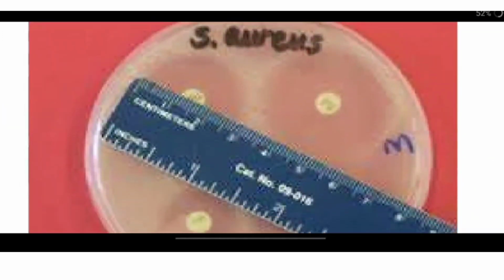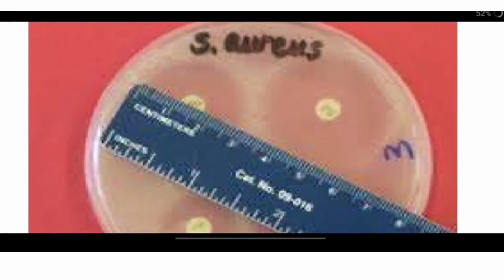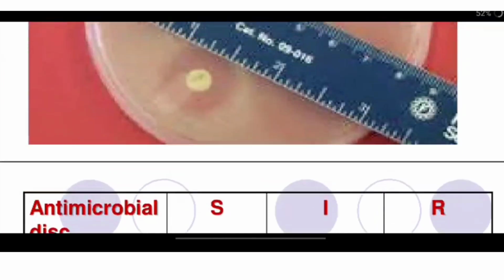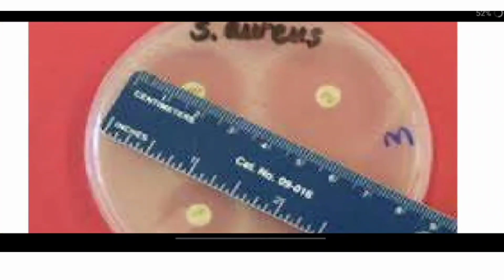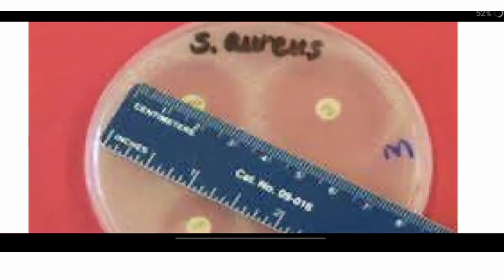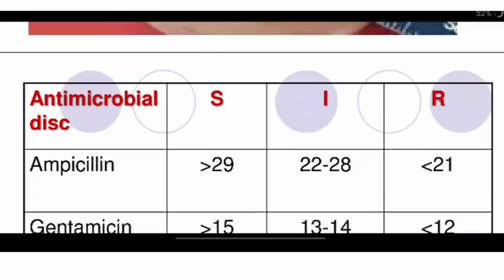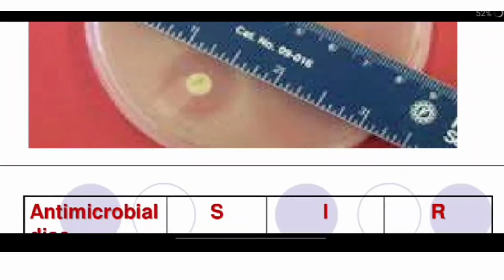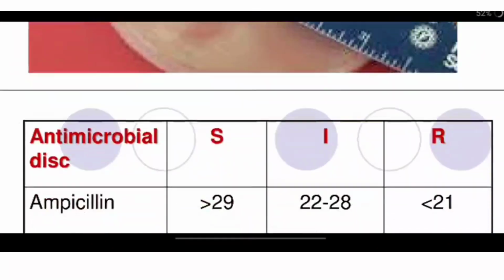So if for example this is Staph aureus and ampicillin has 29, and this disc is ampicillin and we have measured this zone of inhibition, if it is more than 29, it is sensitive, and if it is between 22 to 28, that means it is intermediate, and if it is less than 21, then it is a resistant antibiotic.